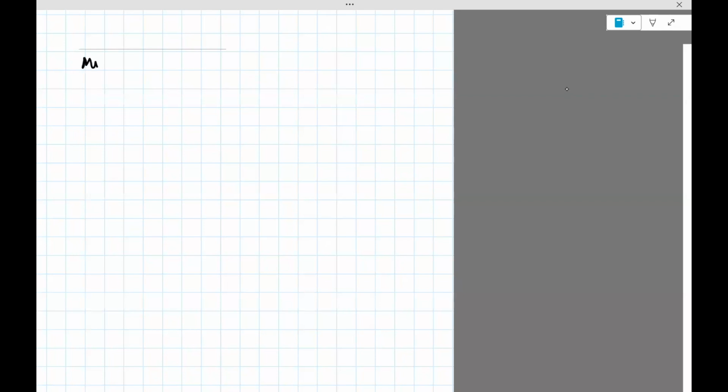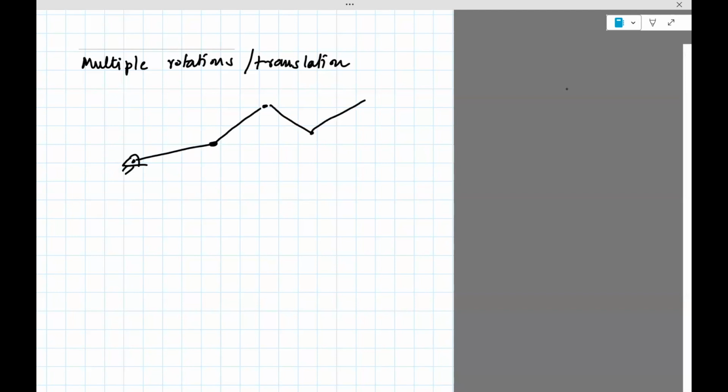So when you talk about multiple rotations and translations, assume that there is one body, so this will occur, for example, in a manipulator. So we would have frame 0 here, frame 1 here, frame 2 here, frame 3 here, and then you can keep going.